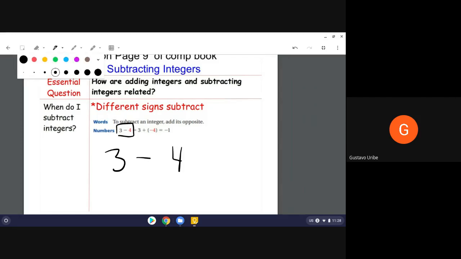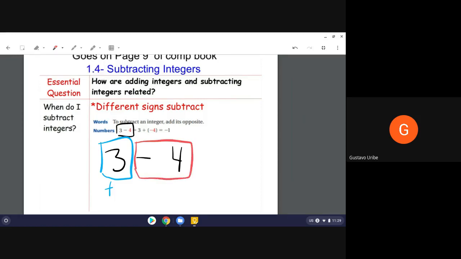Looking at this 3, I don't see any minus in front of it, so I know it is a positive. Next, we're going to look at the following number. This minus 4 is associated with that 4 right there. This minus makes this 4 a negative. So this is a positive 3 and a negative 4.